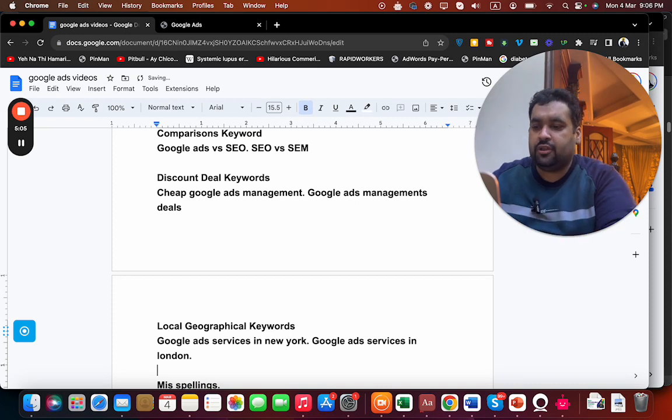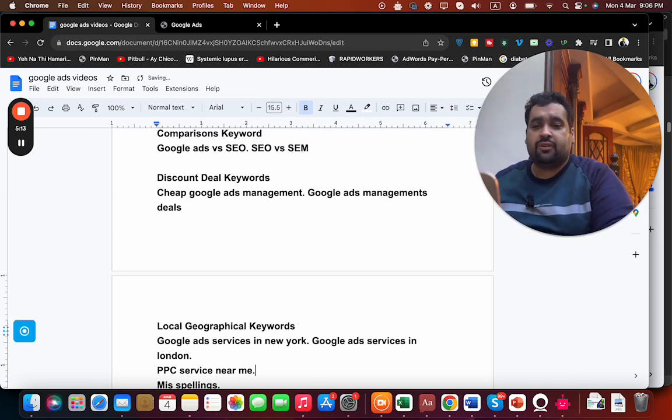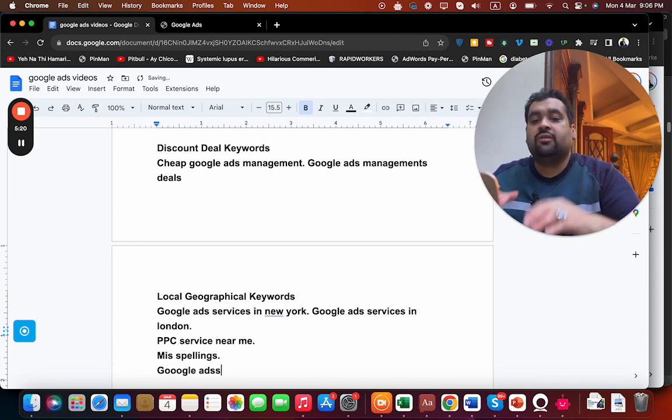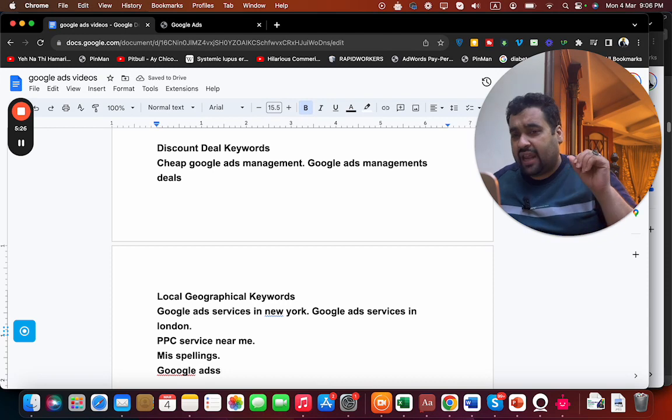You can also have near me keywords, like PPC service near me. This can also be a targeted keyword, and it can generate good sales, especially with local search campaigns. And misspellings could be, for example, Google ads misspelled. Keywords like these can also be good, but so far I have seen that they are not actually very good.